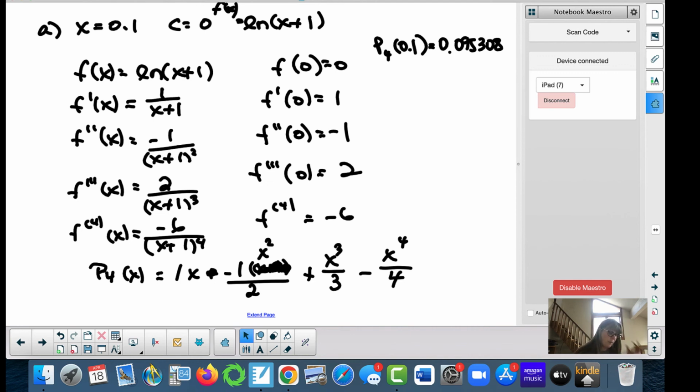And then if we're going to calculate the error, we're going to use n plus 1. So we were doing the 4th degree, so now we're going to do 5. So R4 of x, our remainder, so remember that u has to be between c and x.